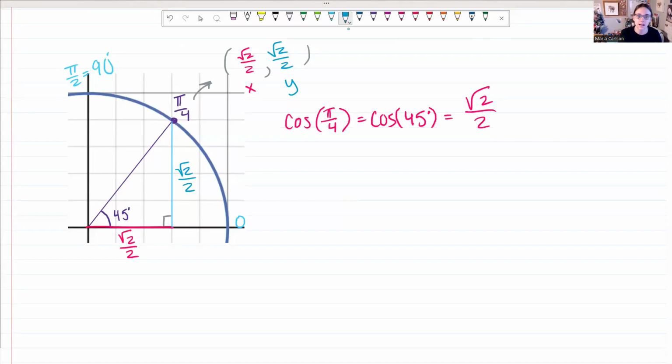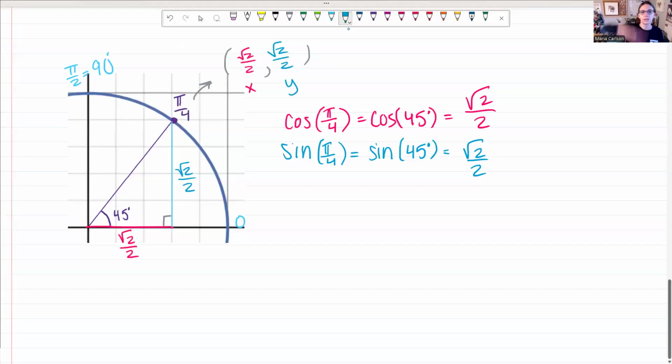And then the sine of pi over 4, which is the sine of 45 degrees, is the same, right? The square root of 2 over 2, because both legs, both the horizontal and vertical distances that represent x and y, and therefore the location of this point on our circle, are the square root of 2 over 2 when our radius, and therefore the hypotenuse, is 1.